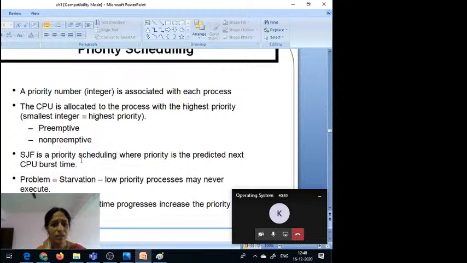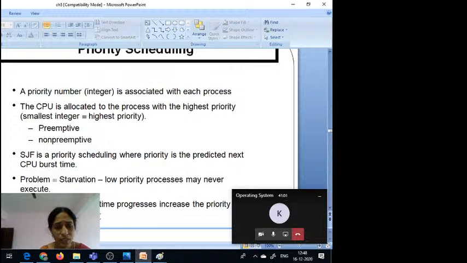Here there is a problem, and that is starvation. Starvation means low priority processes may never execute. Low priority processes may never enter the CPU.